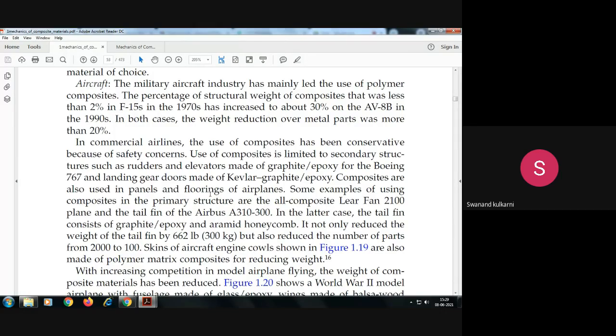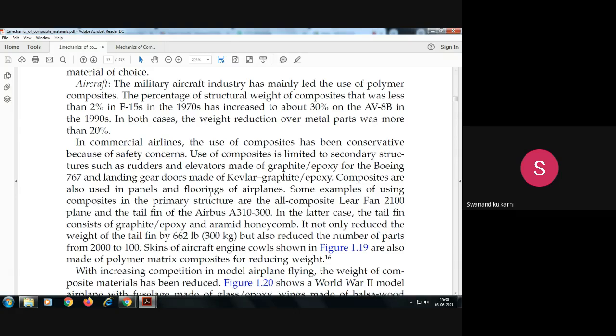So in the Boeing 767, the landing gear doors are made from Kevlar graphite epoxy. Is it okay? So use of composite, because of its safety concerns, is limited to secondary structures, means rudders, elevators, gear doors, etc.